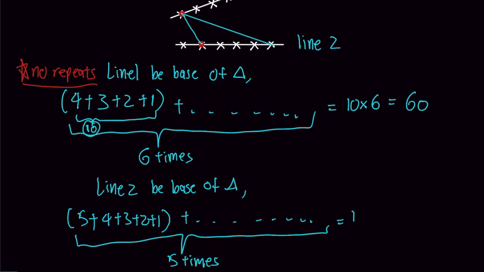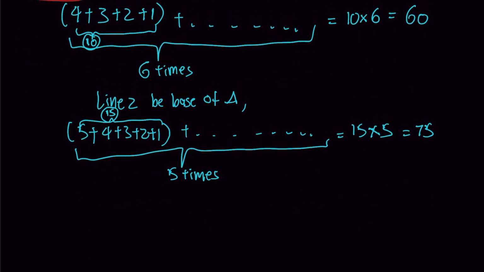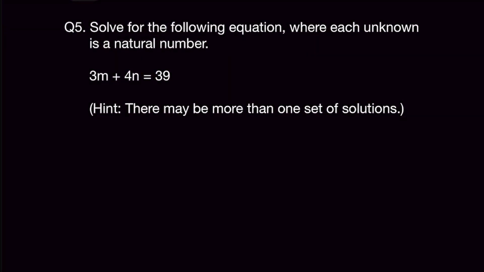So we have 15 times 5, because 5 plus 4 plus 3 plus 2 plus 1 is 15. So you need to multiply by 5 times, and this will actually give us 75. So the final answer is actually these two added up together, which is 60 plus 75, and we would get 135 as our answer.